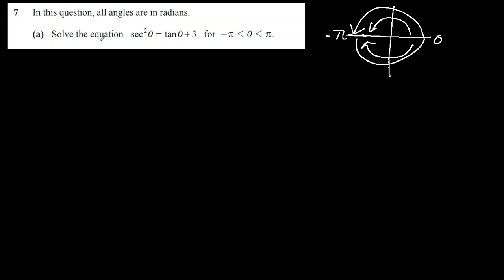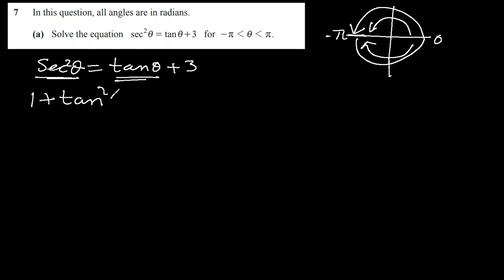So, the question is to solve this equation. We can see there is a secant squared theta, and we have a tan theta. We should either convert tan into secant or secant into tan, and converting secant into tan is easier because we have this in our formula sheet.